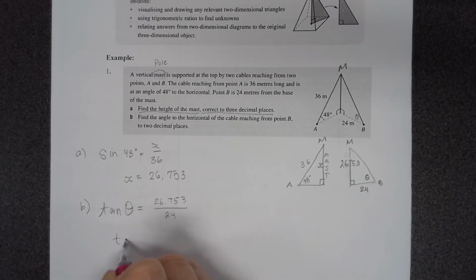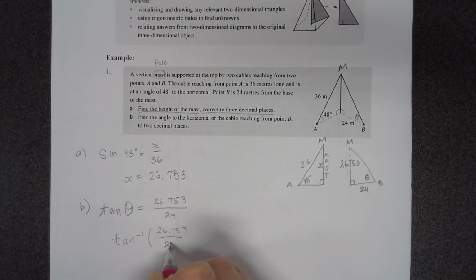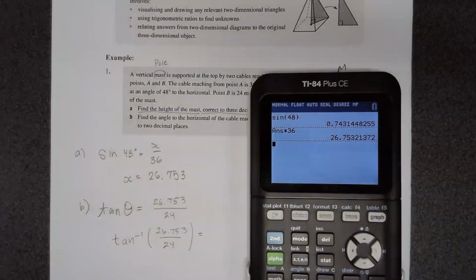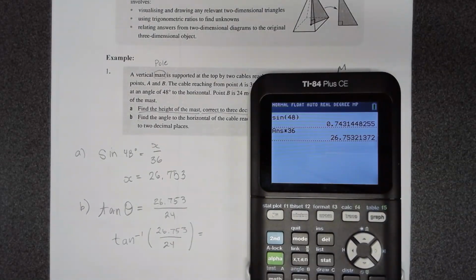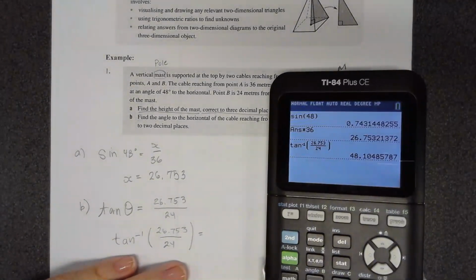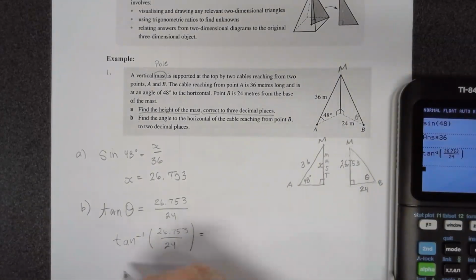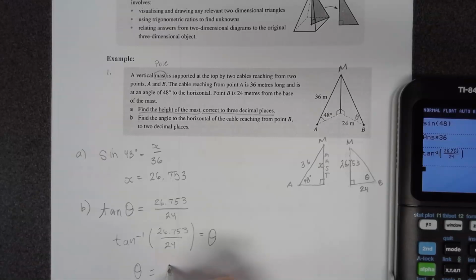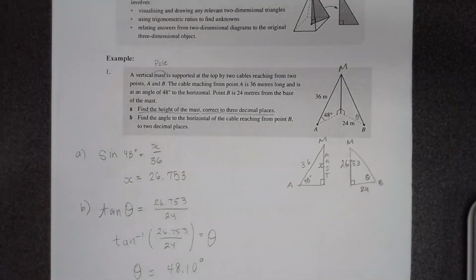So tan inverse of that, 48.10? I guess they want 2 decimal places. So theta equals 48.10 degrees. Okay, are you on your way? Go for it.